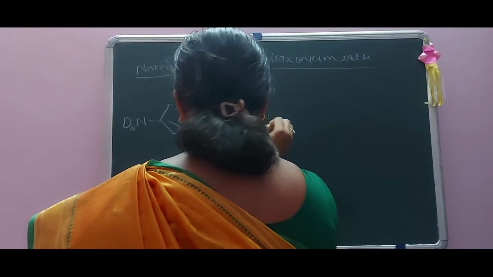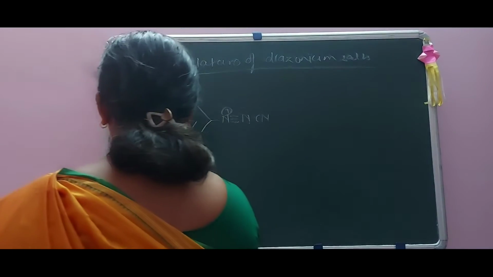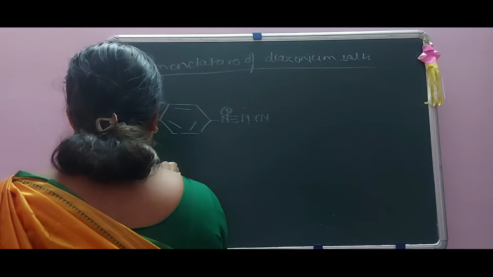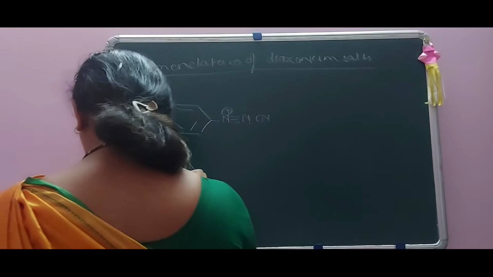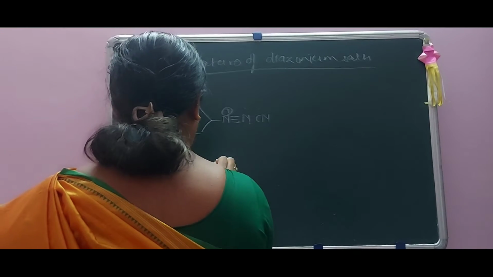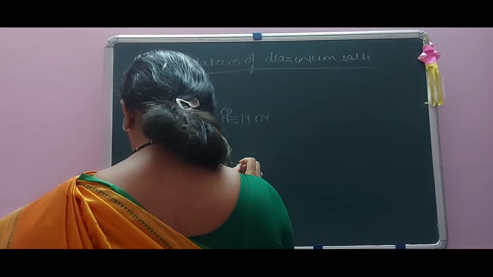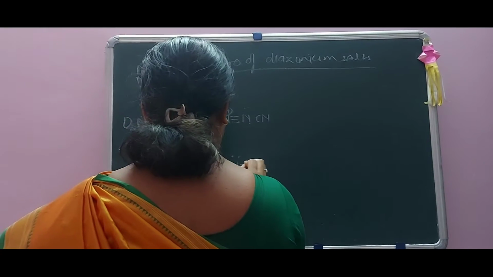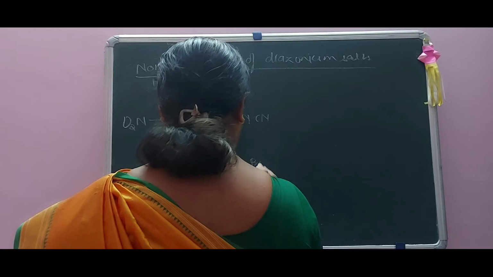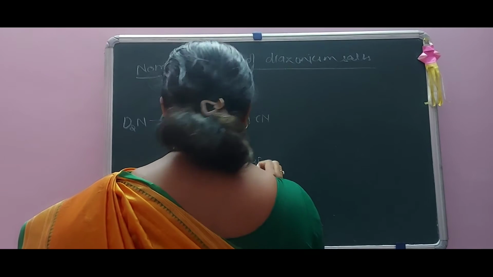Instead of Cl, we take another compound: N triple bond N with positive charge, negative charge, and here also BF4, not BF3.